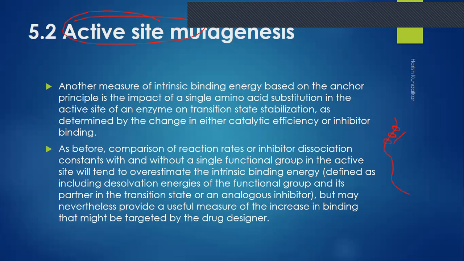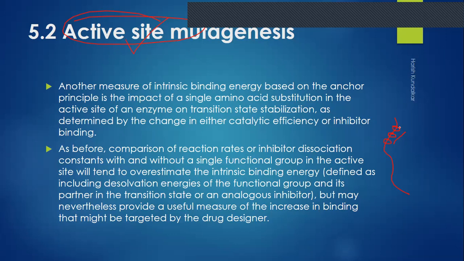That is something that we need to check, and that is done using active site mutagenesis. So the active site amino acids are mutated, and then what happens to the binding affinity is checked. If the ligand binds better after the mutagenesis is done, then that particular amino acid is not important in binding.